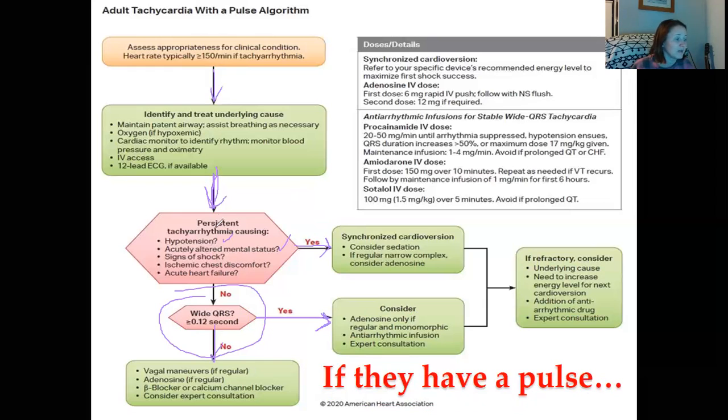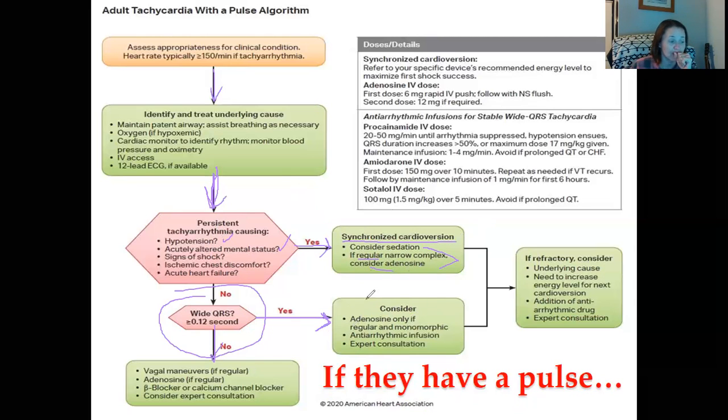If you have an unstable tachycardia, you treat it the same, whether it's narrow complex or wide complex, with a pulse. Unstable tachycardia with a pulse always goes the same way. We need to do a cardioversion. We need to do sedation. If it's narrow complex, then we may do adenosine first.